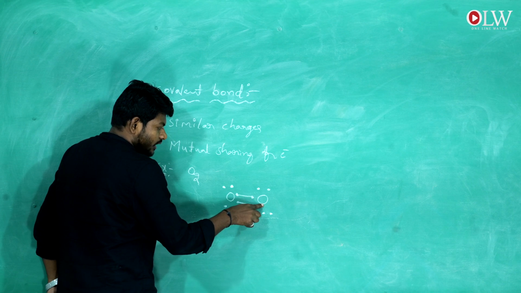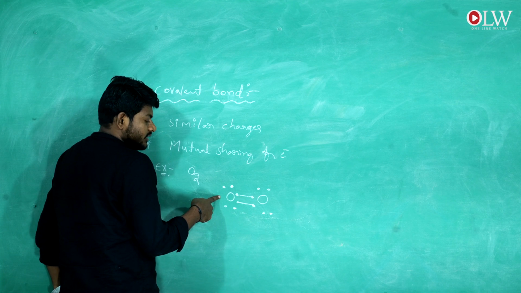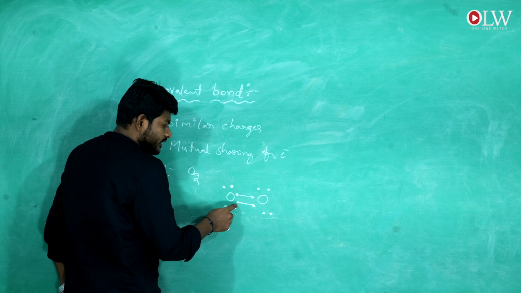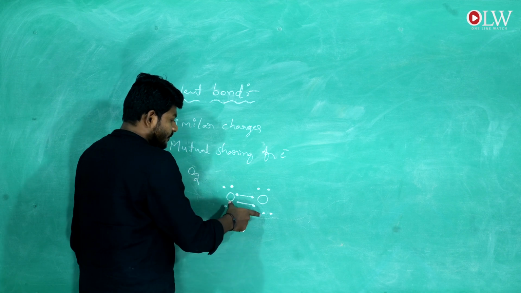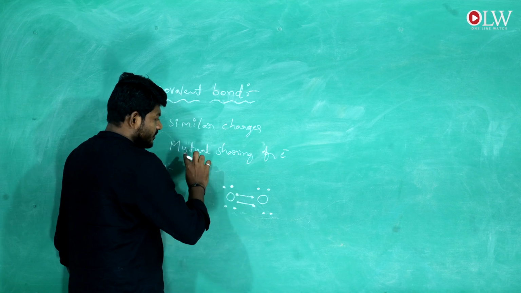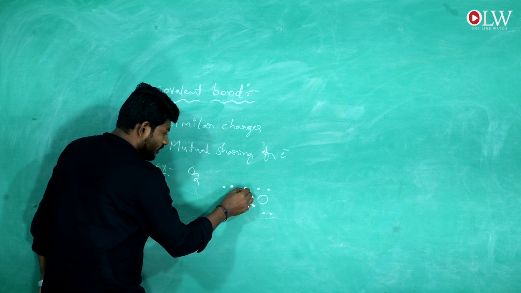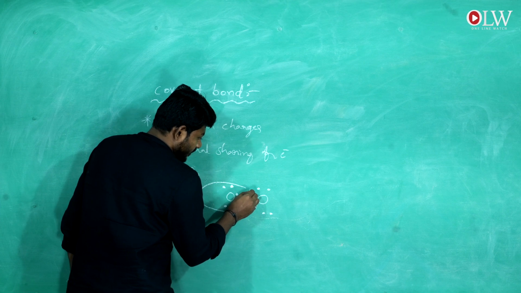This oxygen donates 2 electrons to that oxygen, and at the same time that oxygen also donates 2 electrons to this oxygen. If the mutual sharing of electrons takes place like this, you observe that the elements individually get the octet configuration.